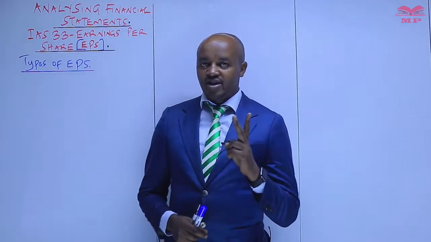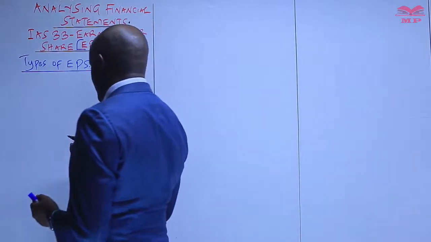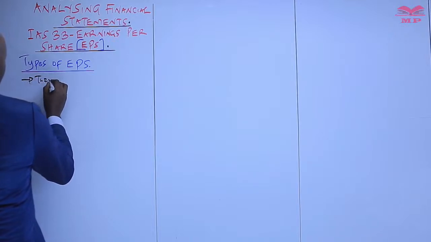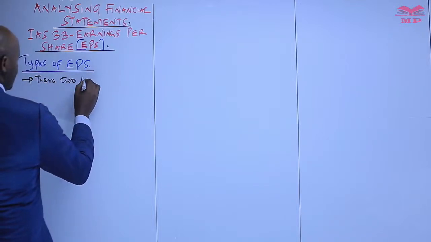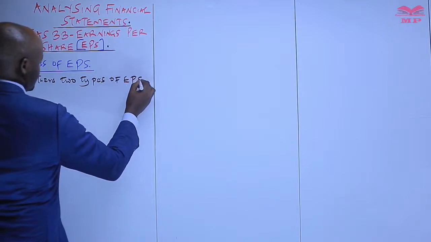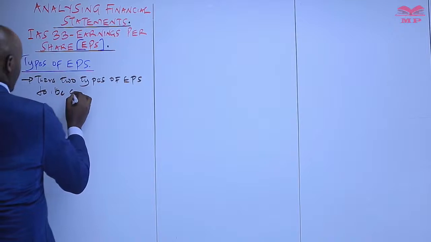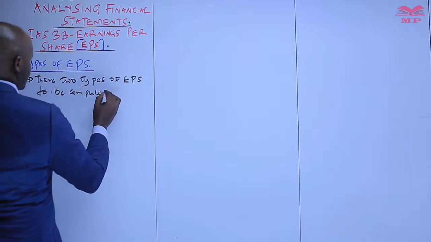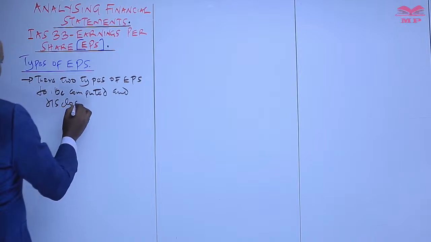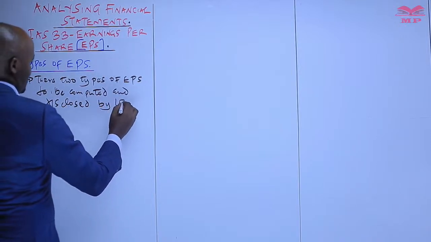So therefore, we have two types of earnings per share to be computed and also disclosed by listed companies.